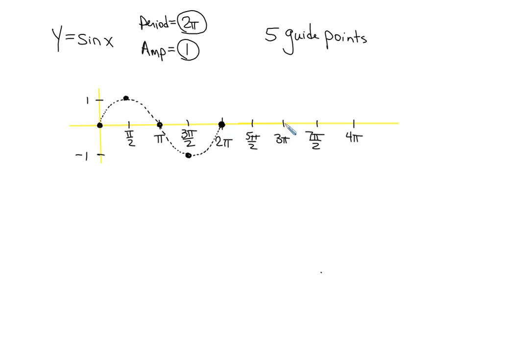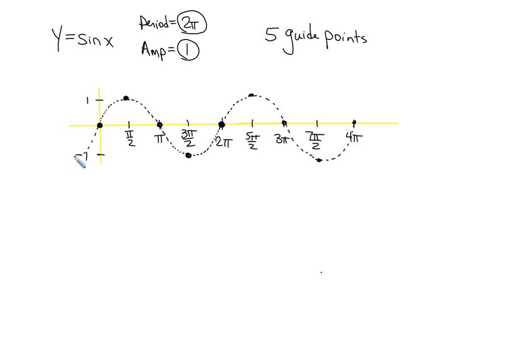And so this would be my beginning, my middle, my end, my maximum, my minimum, and I could continue this sine curve for as many periods as I wanted to. So this would be 2 periods of our sine curve.